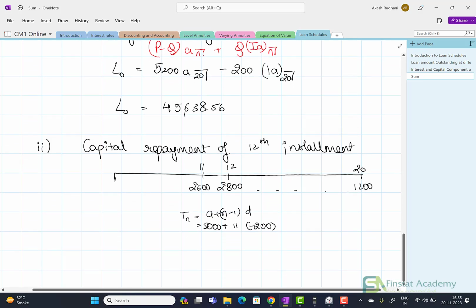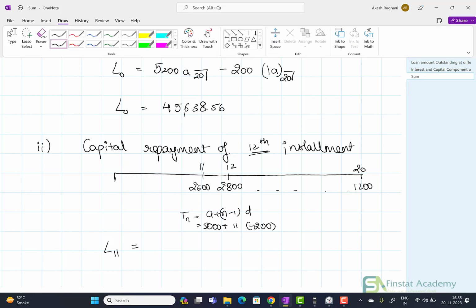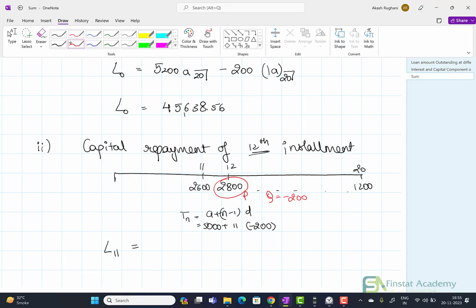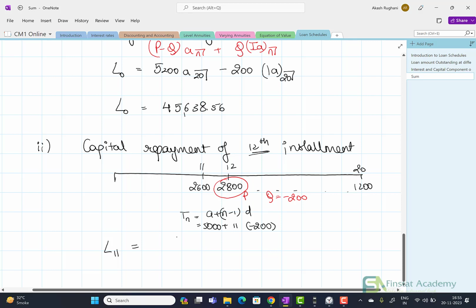Okay, so if I have to find the capital component of the 12th, I'll have to find L11 first. Again, we use the prospective method. From 11 I'm looking ahead, so there are 9 more installments left. But now my P and Q will change. This will become my P because this will be my first installment after time 11. Q is reducing by 200 only. So again, I apply the same formula, P minus Q. Sorry, my bad.